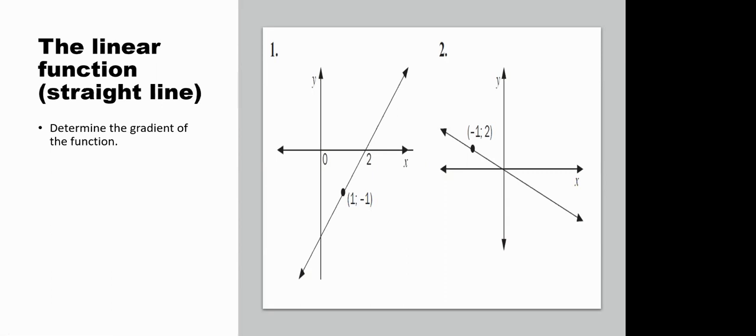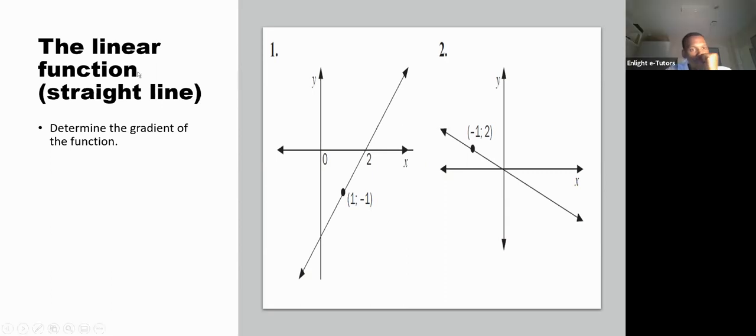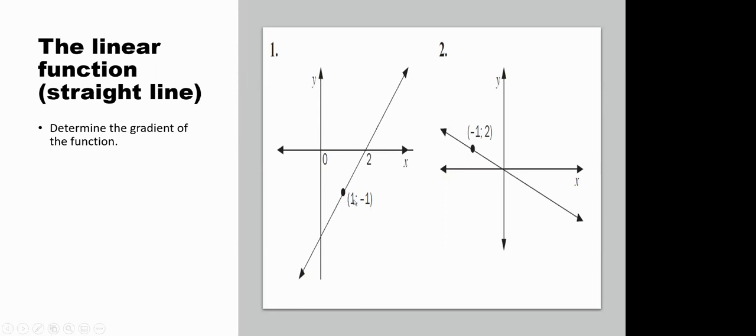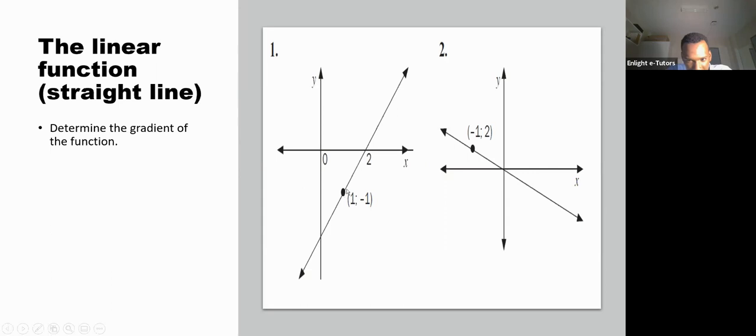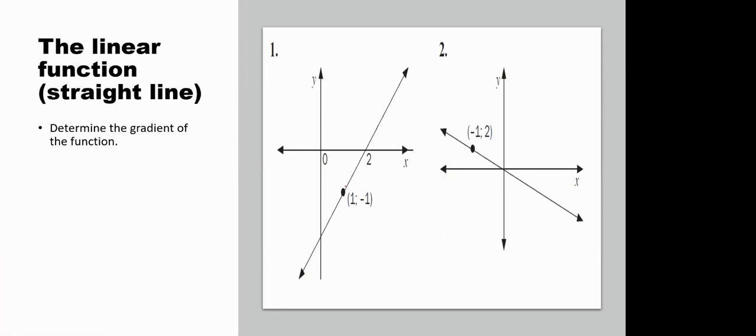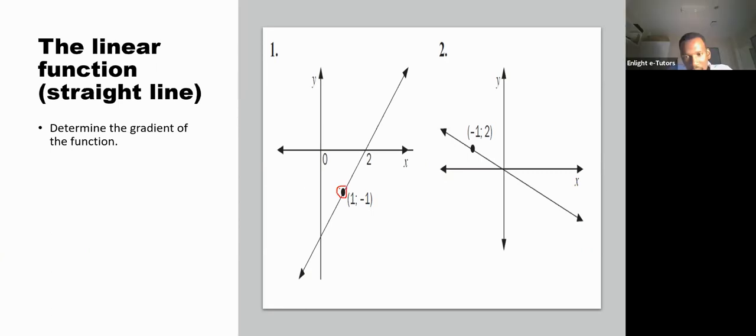Here's the problem. They said first you are given this. Look at number one, the graph. This is a straight line. They gave you 1 point, which is 1 and 1?